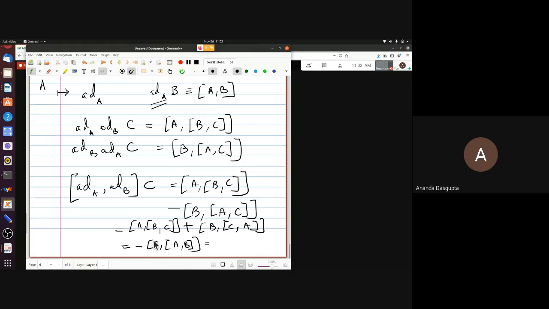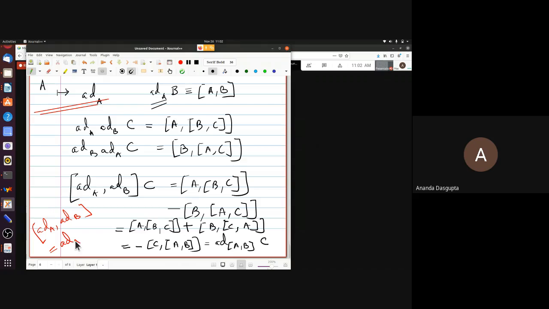So what that means here, and this is very, very important for us, is that this map, which maps the operator A to the corresponding superoperator ad A, is actually a Lie algebra homomorphism, in the sense that ad A commutator with ad B, whether you first do the map and then take the commutator, or you first take the commutator, then do the map, you get the same result.